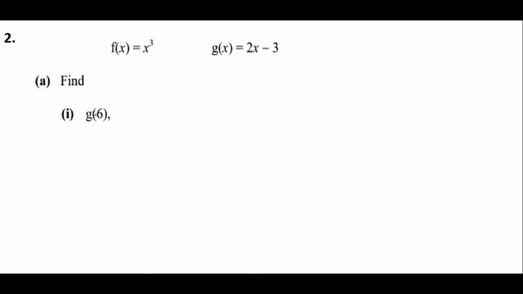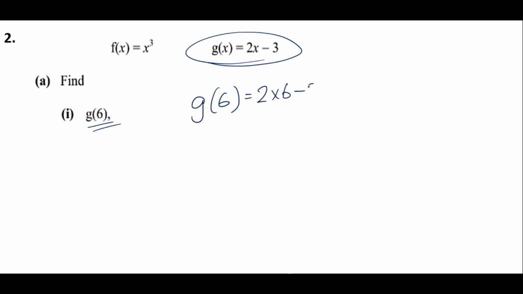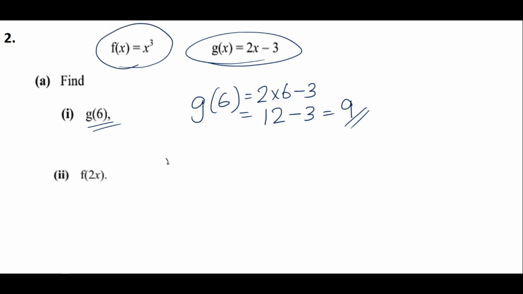Question 2a, find g of 6. I have g of x, so g of 6 is going to be 2 times 6 minus 3, 12 minus 3, which is going to be 9. F of 2x: I have f of x as x cubed, so f of 2x is going to be, in place of x, I'm going to write 2x, so it's going to be 2x the whole cube.